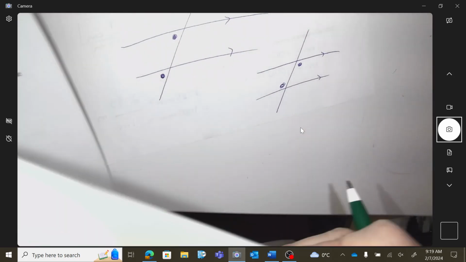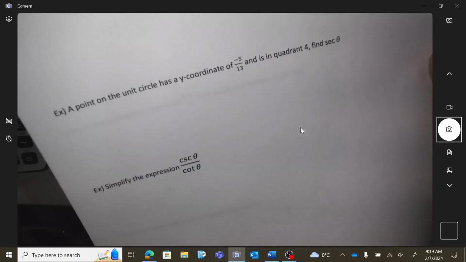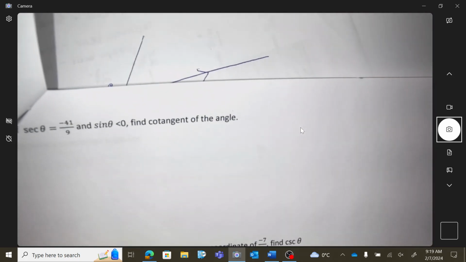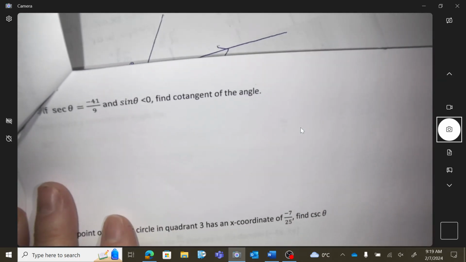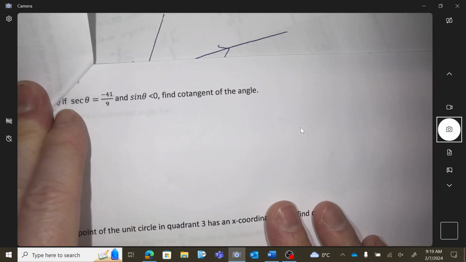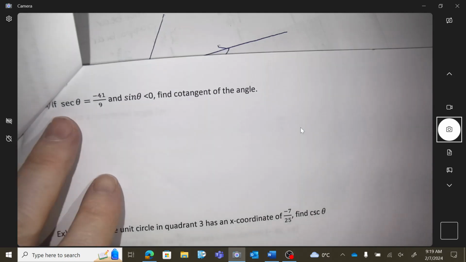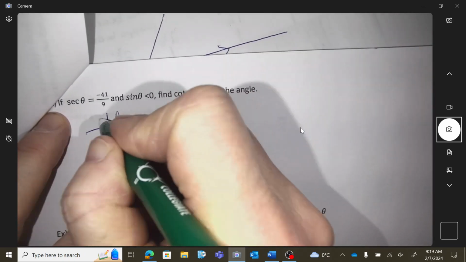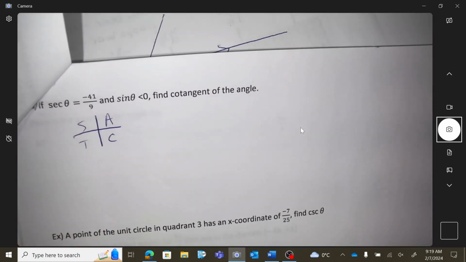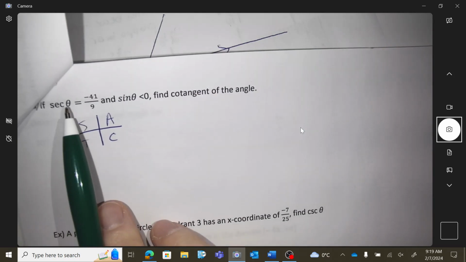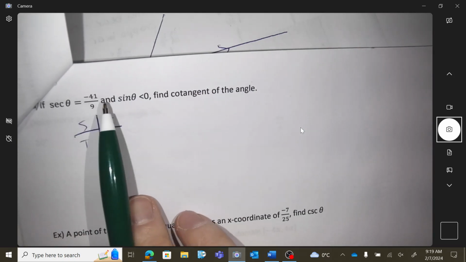Okay, yeah, so that last example wasn't anything new. This might be a little bit different. Okay, so this time it didn't tell me what quadrant, so I have to figure this out. All right, so what do I know about ASTC? That's what we're going to do. So secant has a negative value.